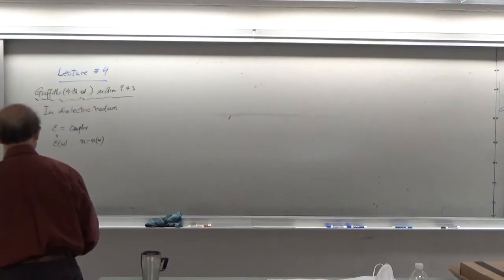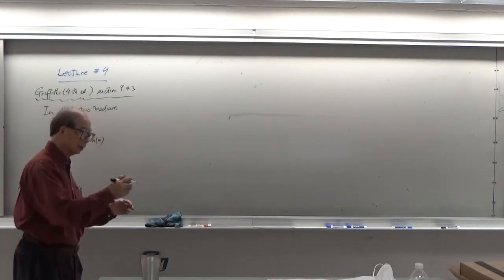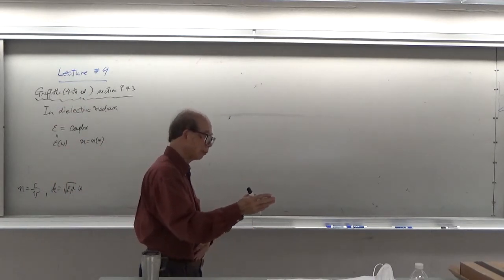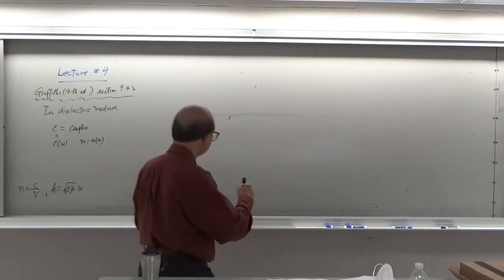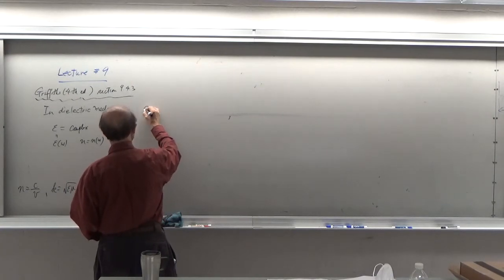This phenomenon of light being bent by different amounts depending on frequency is known as the phenomenon of dispersion.